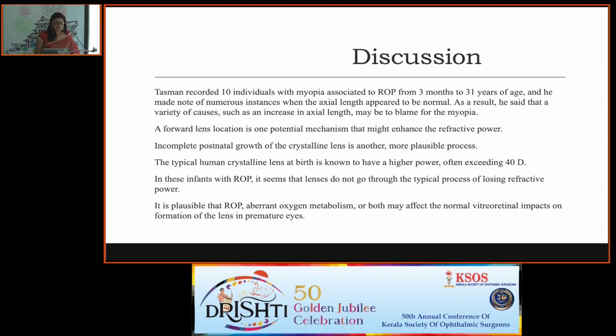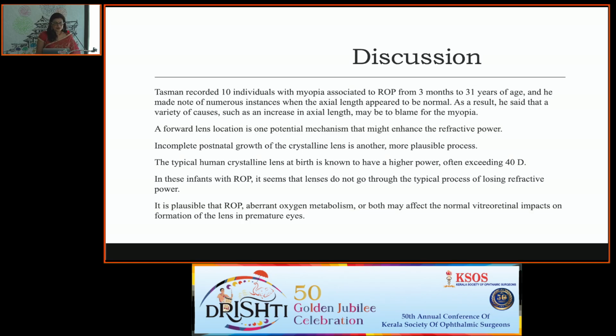So in the discussion, what I want to tell is, in the Tasman study, there were 10 individuals with myopia, and they looked at what happened, and they found that it was an increase in axial length that caused the myopia in these children. Another potential mechanism is a forward lens location, and incomplete postnatal growth of the crystalline lens.